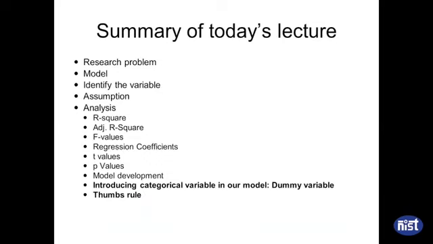I've taken two examples. So let's talk about the research problem. What is the research problem here? Anybody? I want to determine salary in the organization. Okay, which is the function of the first, called the research problem. I want to find out what are the factors impacting salary, whether they have a positive or negative impact.